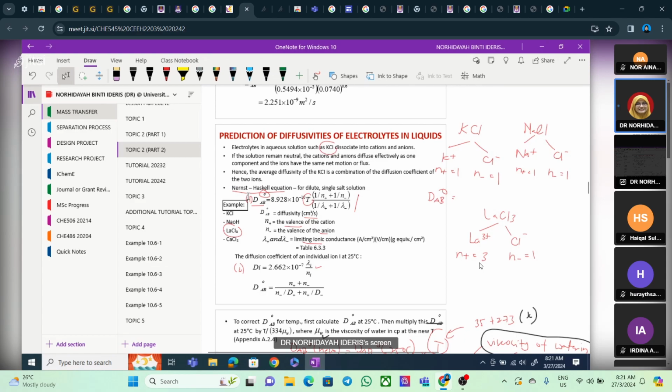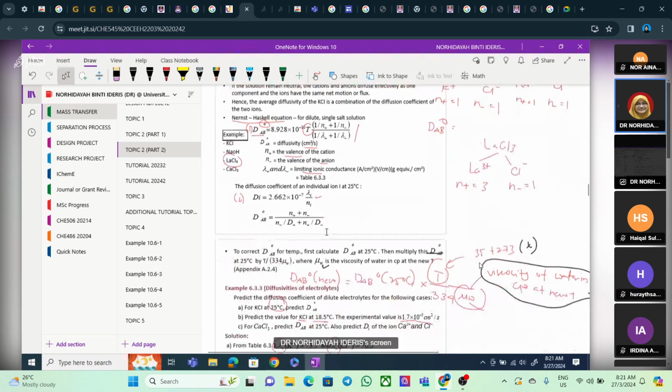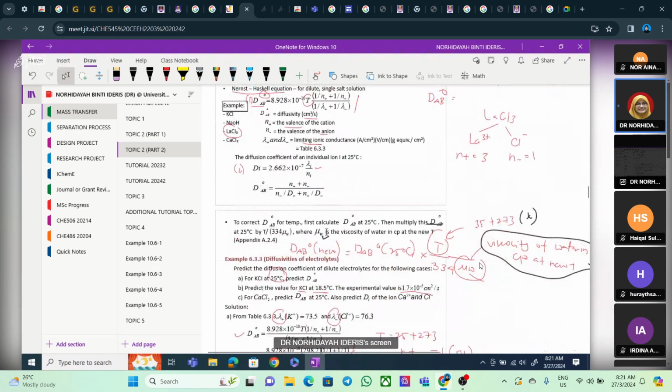Using this Nernst-Haskell equation, or there is a correction factor here. Did you notice in the notes, what does it say? To correct the DAB, do you see the degree symbol here? If there is a degree symbol here, we know automatically that we are talking about molecular diffusion in liquid electrolyte solution.